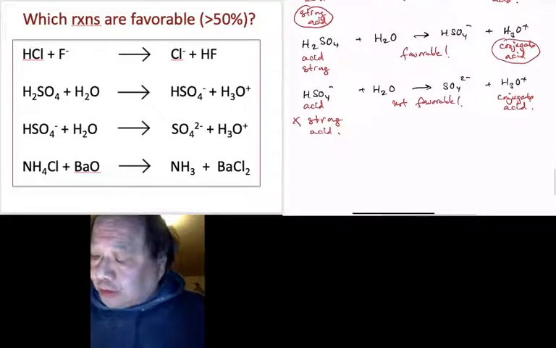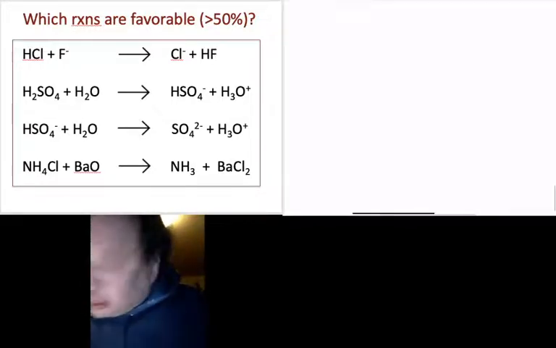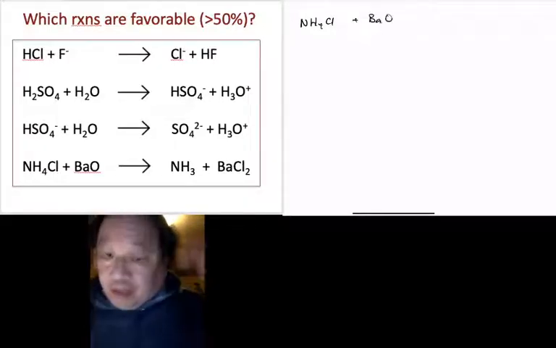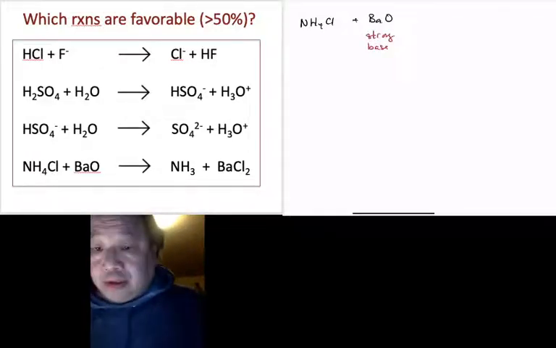Let's just do one last one. And it's a little tricky, this last one. It's because of the way it's written. It's NH4Cl plus BaO. Well, first, right off the bat, we see the BaO, we know this is a strong base. We're about to have an acid-base reaction if you've got a strong base there, maybe.